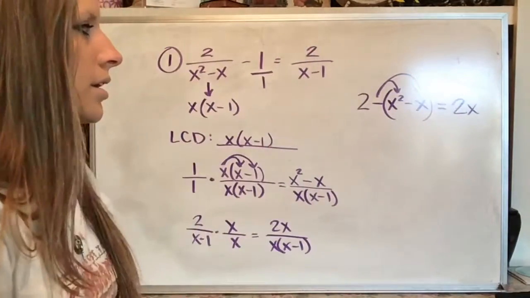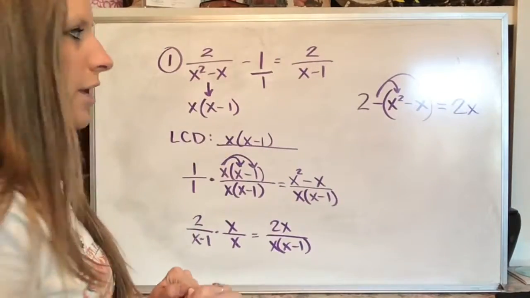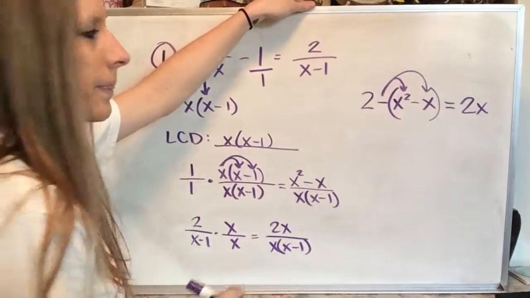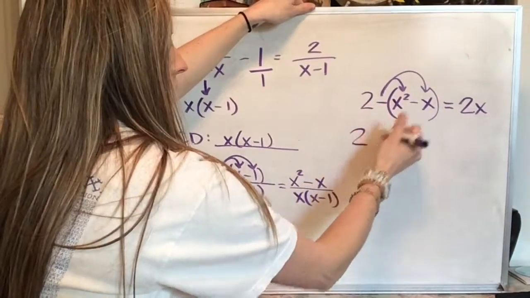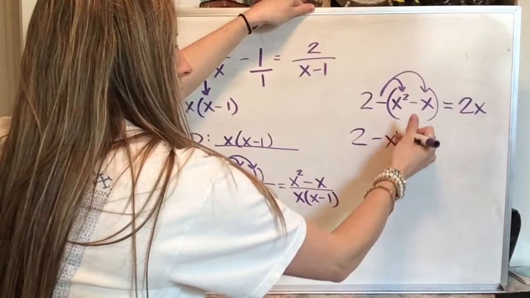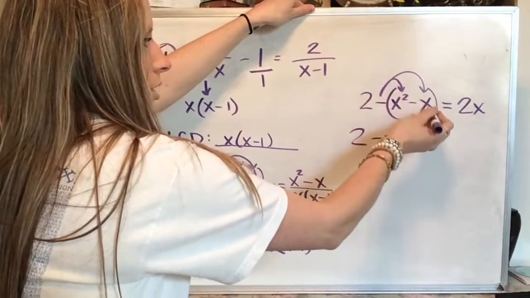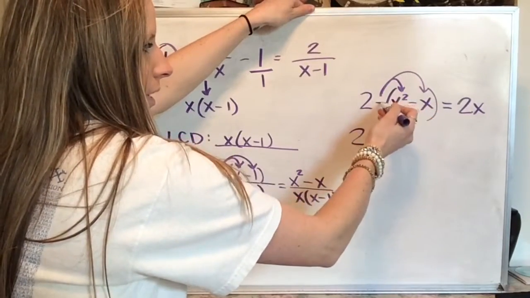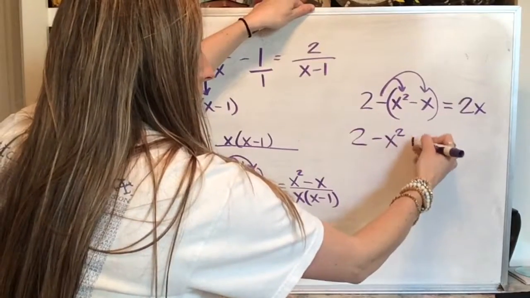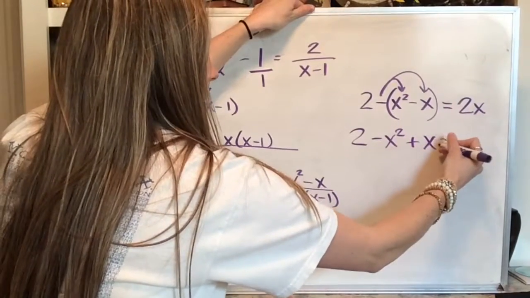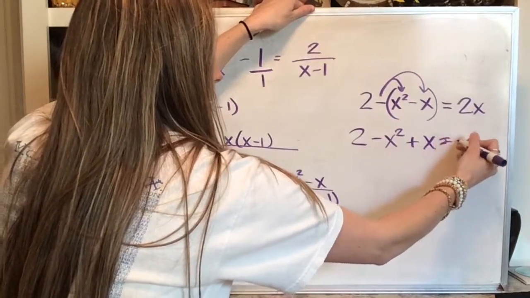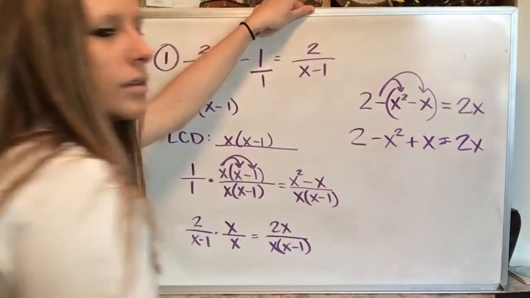Okay, so let's go ahead and distribute that minus sign. So we have 2 minus x squared. And if we distribute it to that x, a negative times a negative gives you a positive x. Okay.